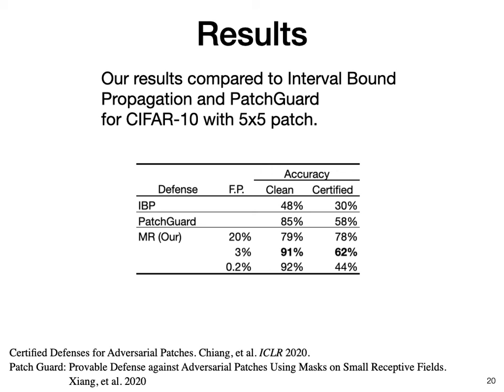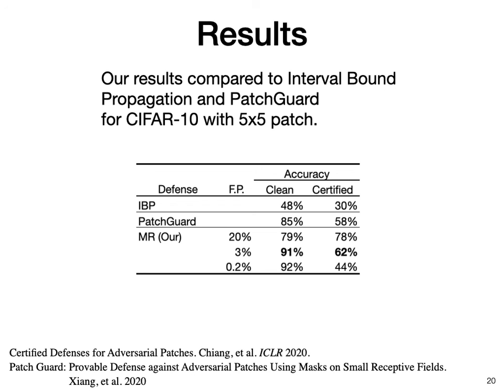This is how we compare to other certified results for CIFAR-10. We outperform interval-bound propagation and patch guard on both clean accuracy and certified accuracy. By varying our voting grid confidence threshold, we can trade off clean accuracy for certified accuracy.